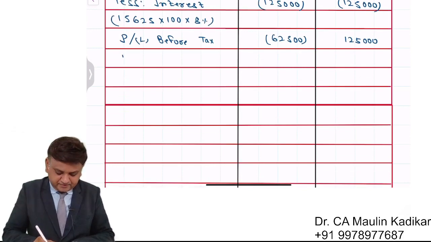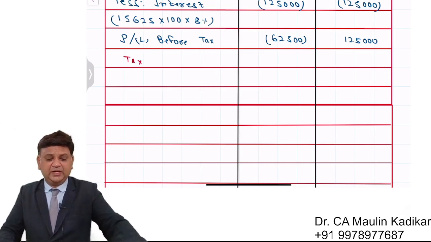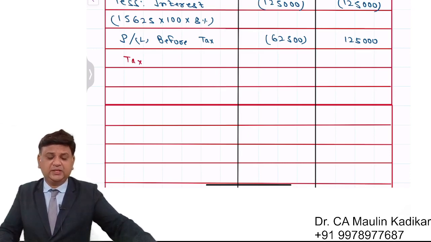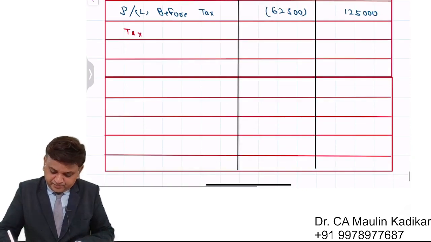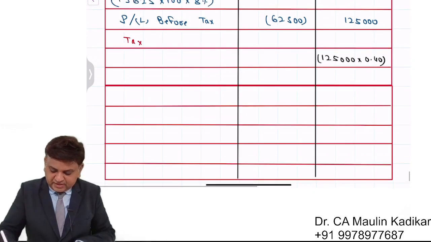Income tax. We understand that when there is a profit of 1,25,000, then the tax is required to be paid at the rate of 40%. So 1,25,000 into 0.4, that comes to 50,000.